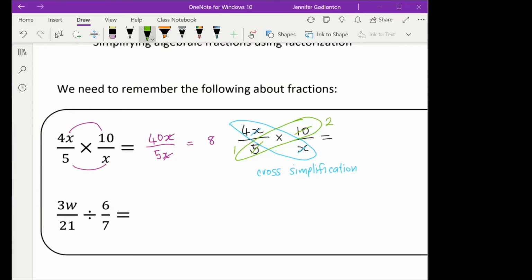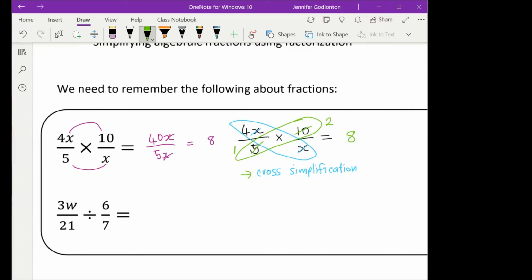And so what I land up with is this 4 times this 2, which just gives me 8. And so we can get to our answer a little bit quicker by using cross simplification. Now, the reason I'm saying cross simplification is because when we start dealing with factorization, cross simplifying is our friend. So it's something we need to start embracing.